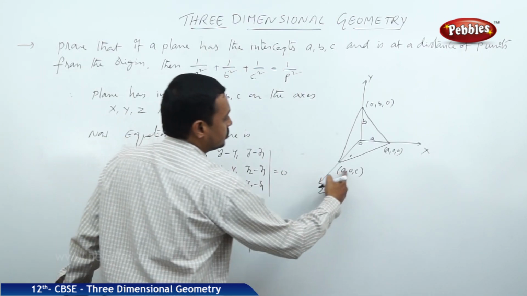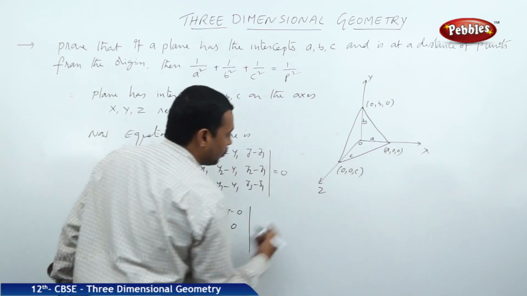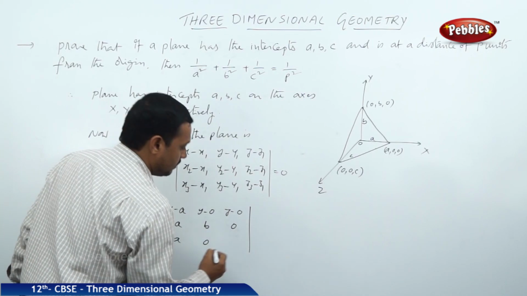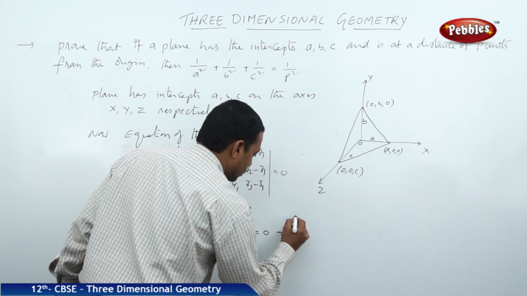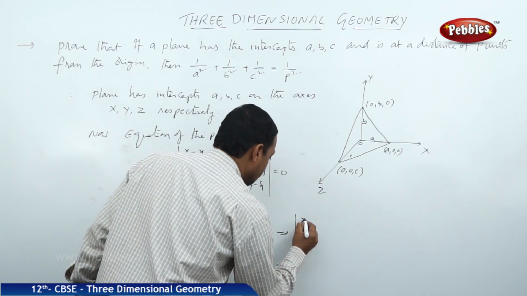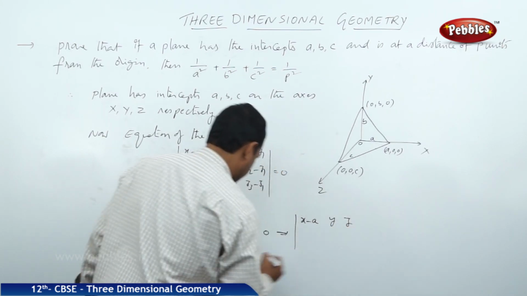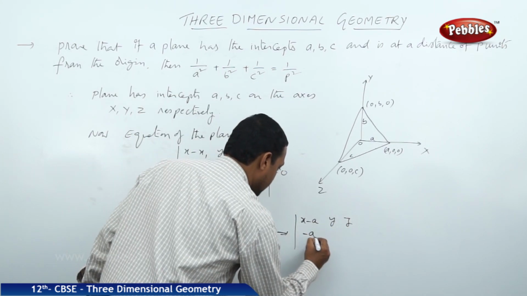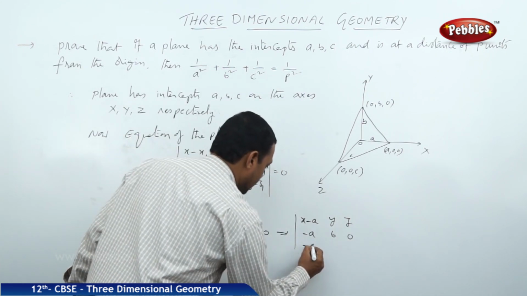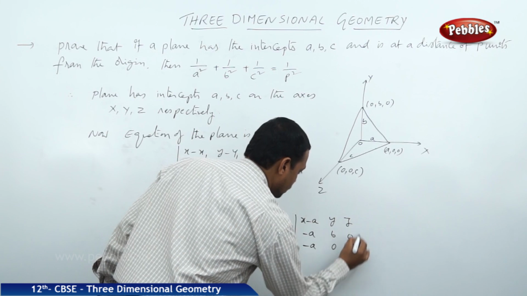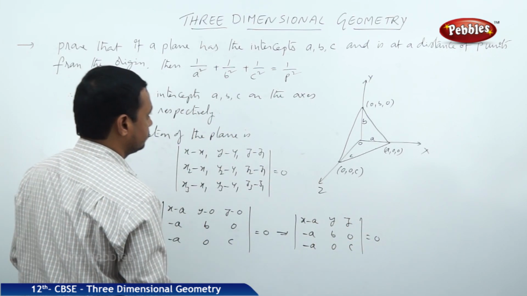Then x3 minus x1: 0 minus a, 0 minus 0, and c minus 0. Therefore, the determinant of x minus a, y, z; minus a, b, 0; minus a, 0, c is equal to 0. Now expand the determinant.